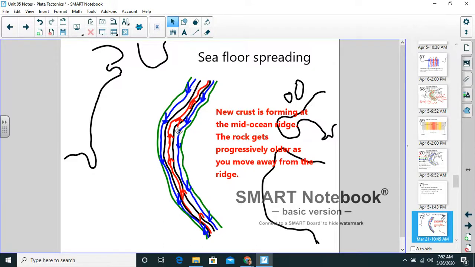What we have is volcanic action. Volcanoes are pushing up magma and lava out of the earth, and it's splitting apart and spreading apart there. As it splits, the magma and lava fills in, and so it's forming new crust there. As it moves away from that split, crust gets older and older and older. Seafloor is spreading.